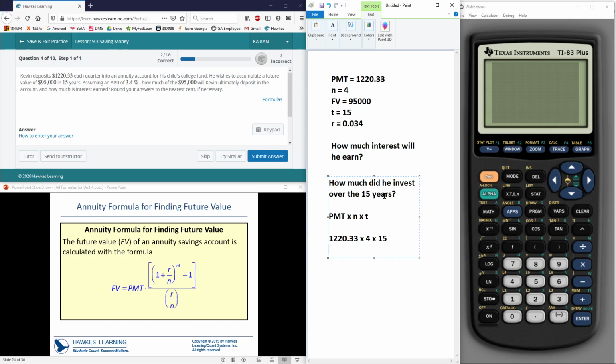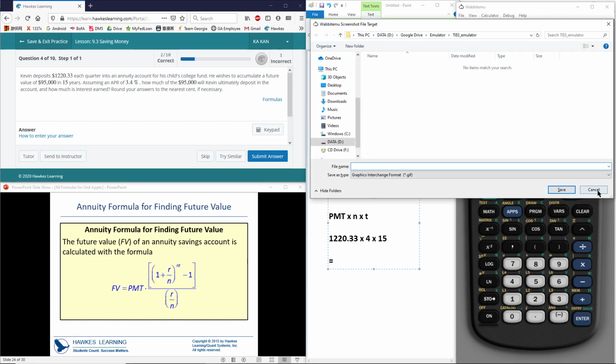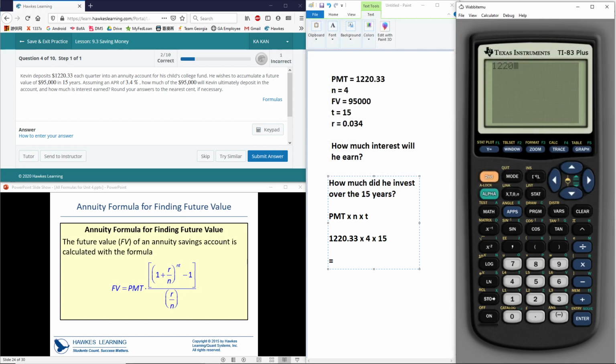So let's put this in the calculator. 1220.33 times 4 times 15, and I have 73219.8. That means this is how much money he paid into this program over his lifetime.